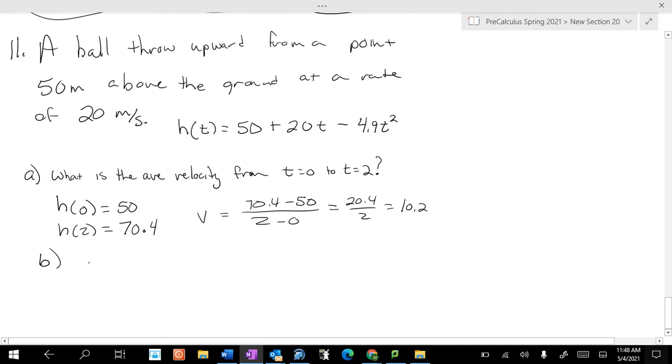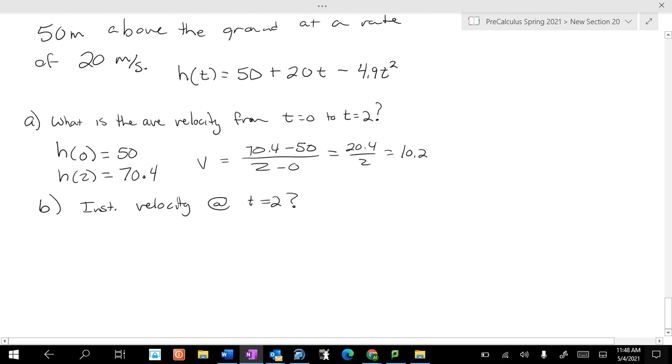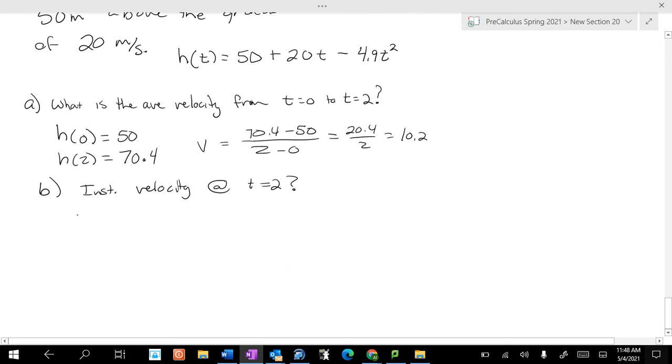B. What is the instantaneous velocity at time equals 2? How do I find instantaneous velocity? First derivative of the height, which equals 20 minus 9.8t.